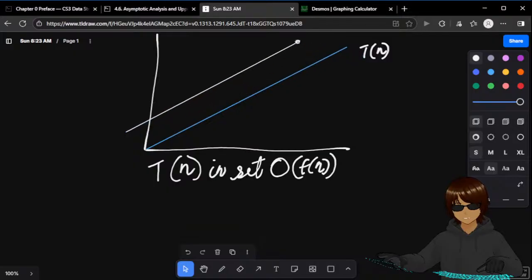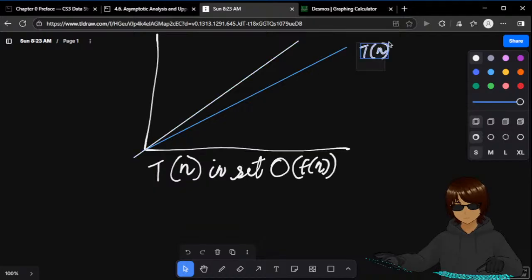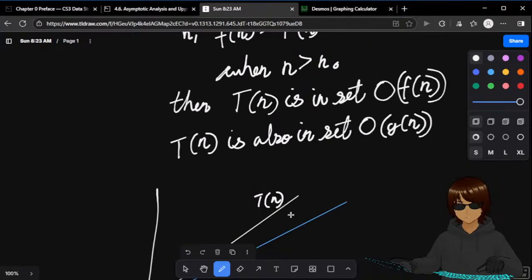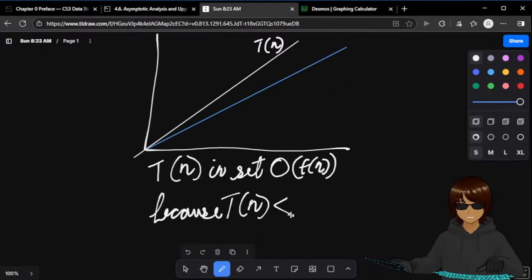I should make this a straight line as well. Because T(n) becomes less than, right?